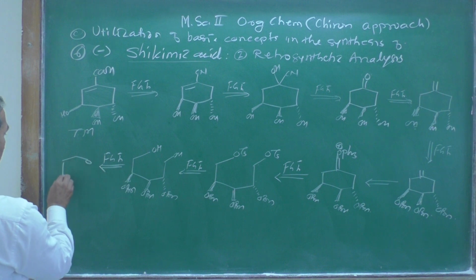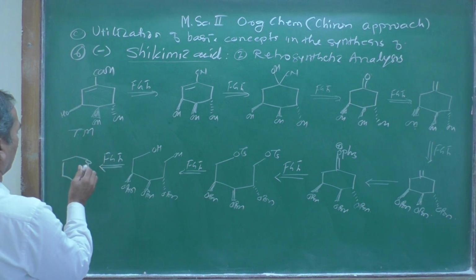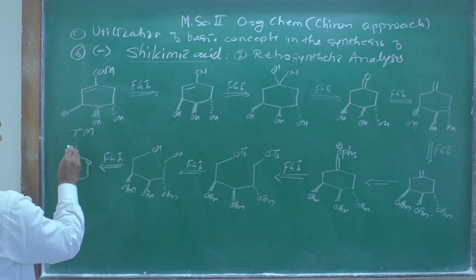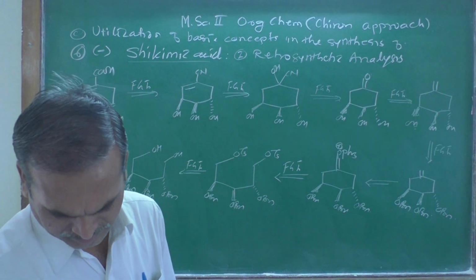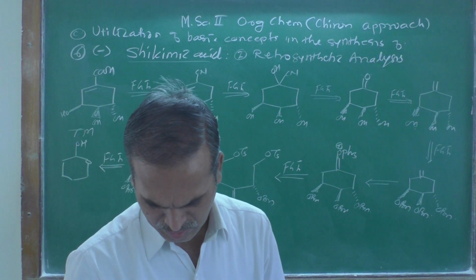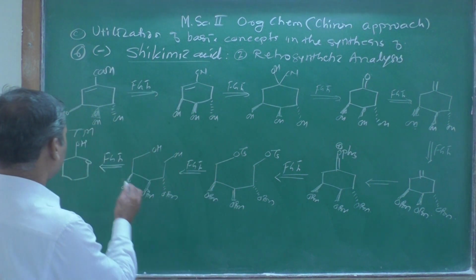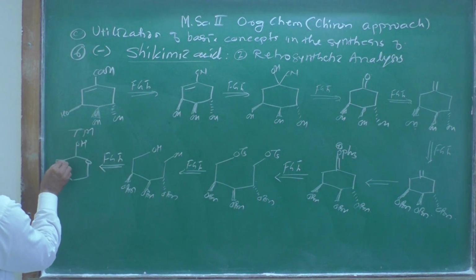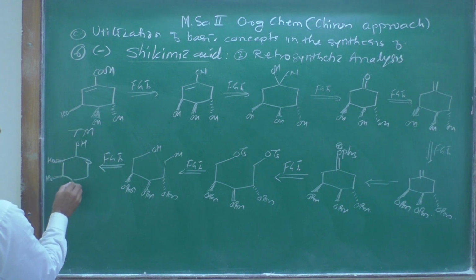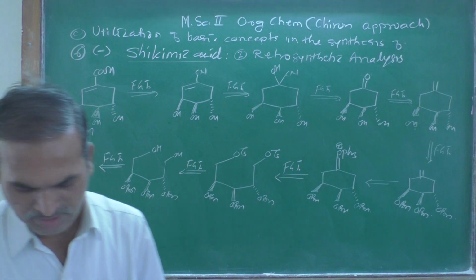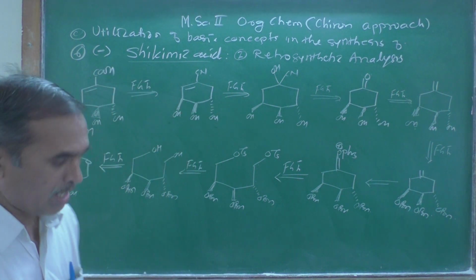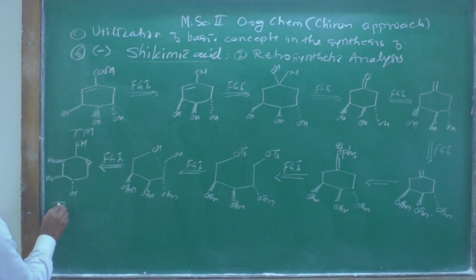Here is an oxygen atom in a six-membered ring, with OH hydroxy groups on this side, here, and here. This is the name of this compound: D-arabinose.